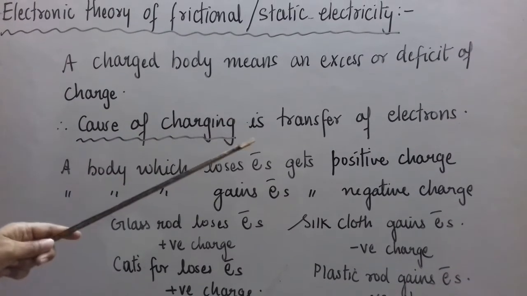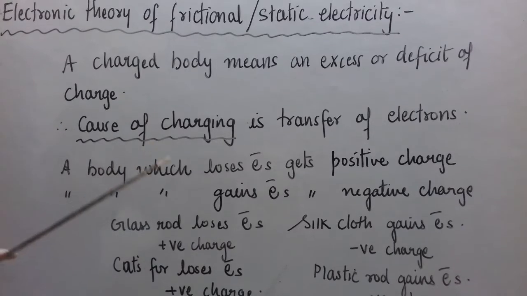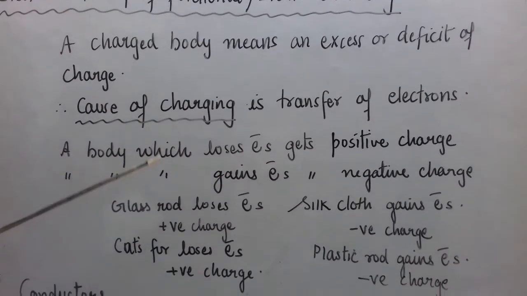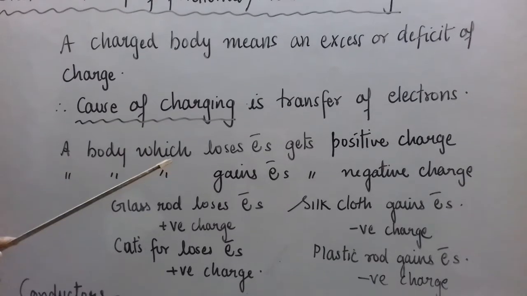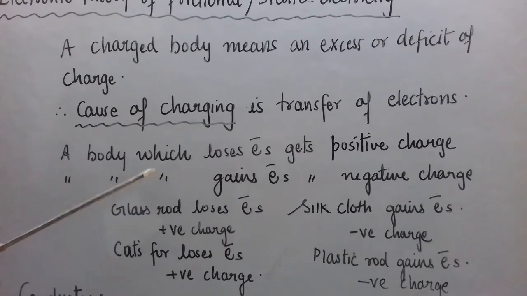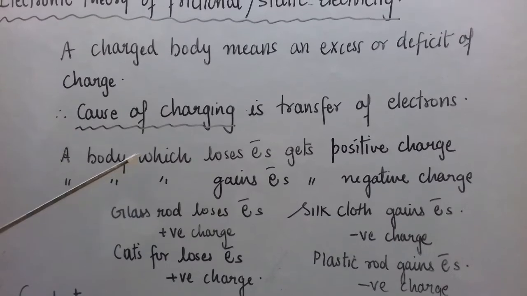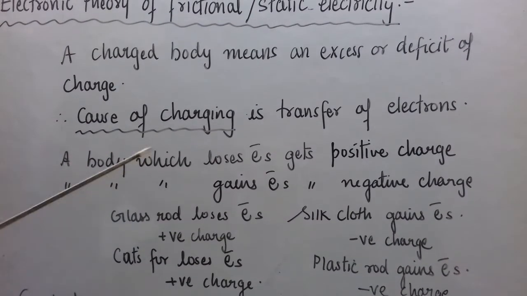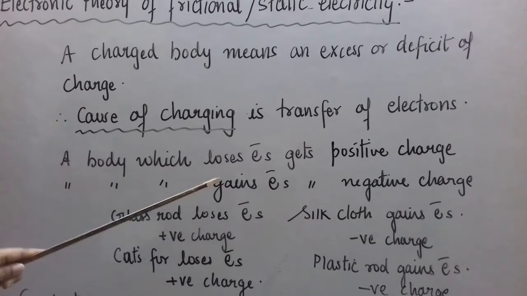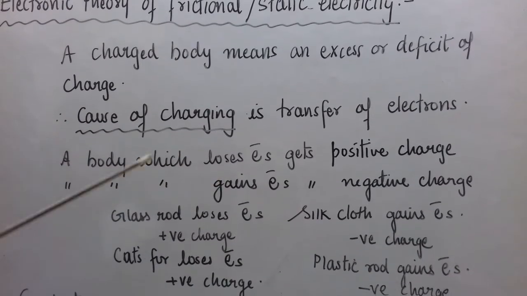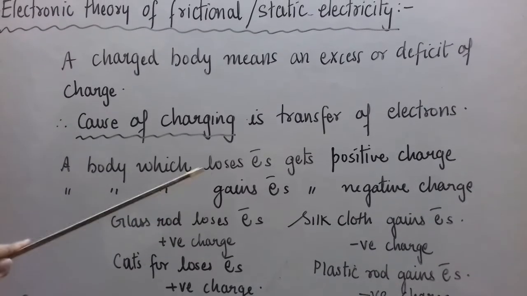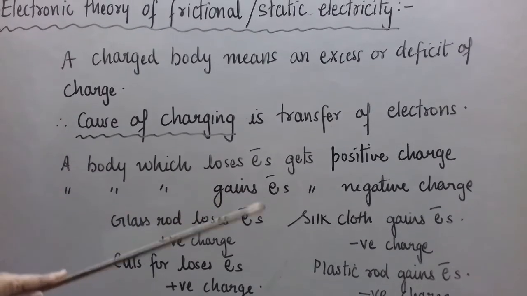Transfer of electrons. A body which loses electrons gets positive charge, because the number of electrons will be less, so the total negative charge will be less than the positive charge. The body which gains electrons will have an excess of negative charge, and hence it becomes negatively charged.